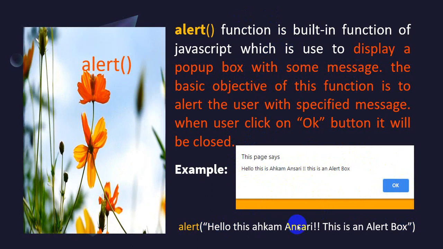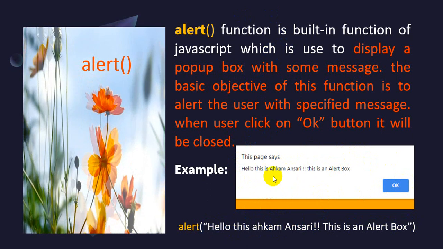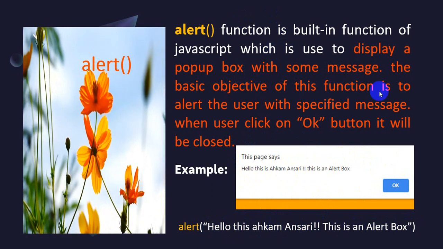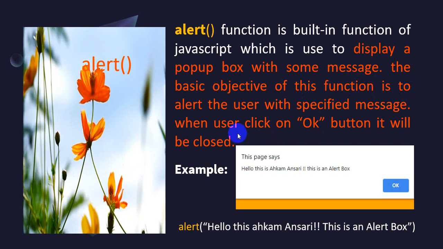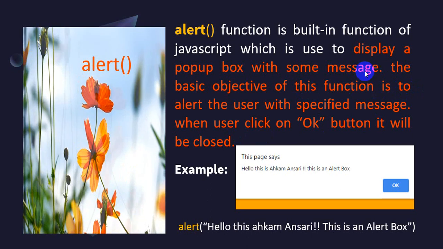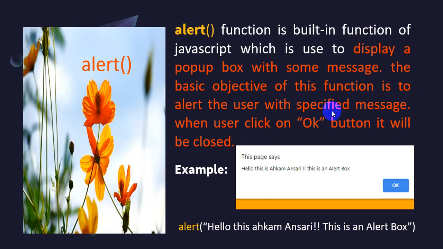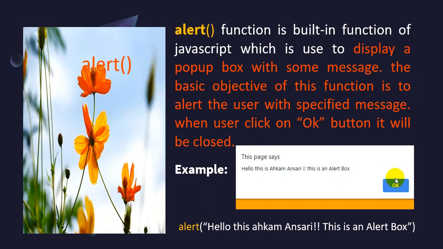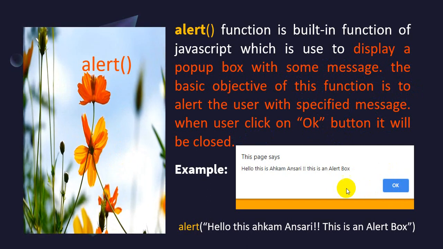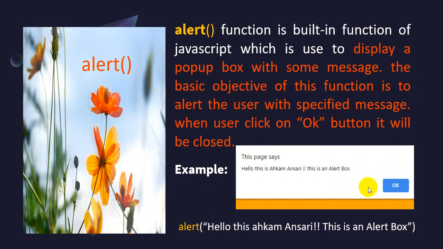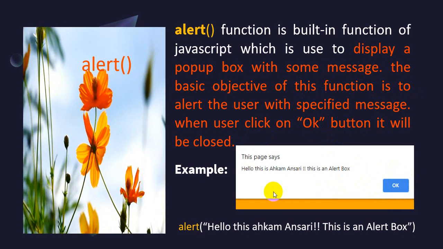Whatever message you write inside, it will appear on your pop-up box. And with the message, we have one OK button. In the alert box you will get one OK button. We don't have any cancel button inside the alert box.